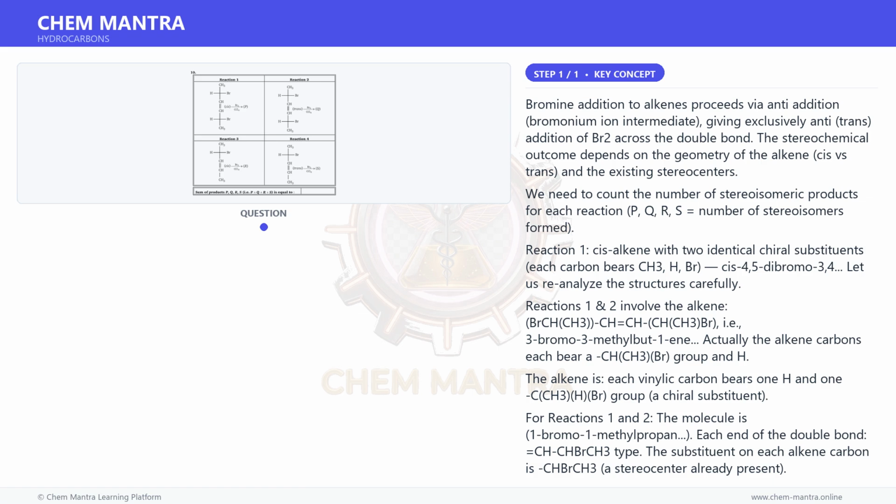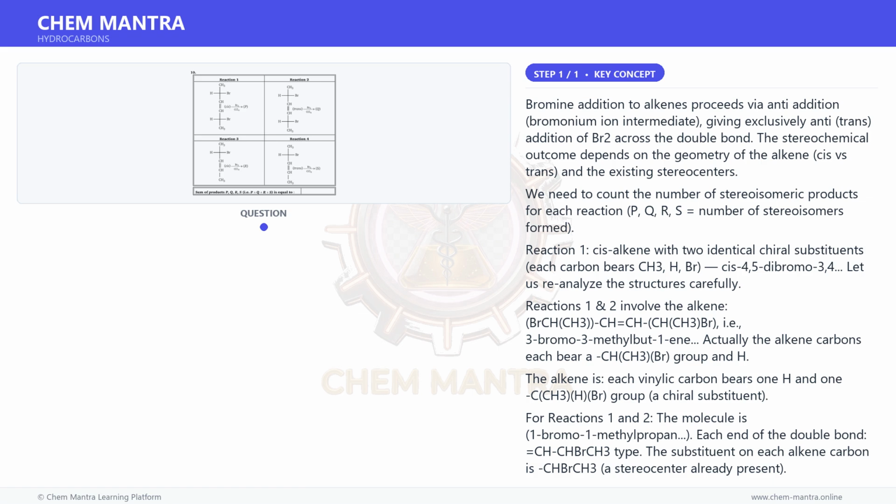For reaction 2, trans symmetric anti-addition gives two enantiomers as well, Q is equal to 2. For reaction 1, cis symmetric anti-addition gives meso, P is equal to 1. Then 1 plus 2 plus 2 plus 2 is equal to 7. Another interpretation: P, Q, R, S count the total number of stereoisomers, including counting racemic pairs as 2.